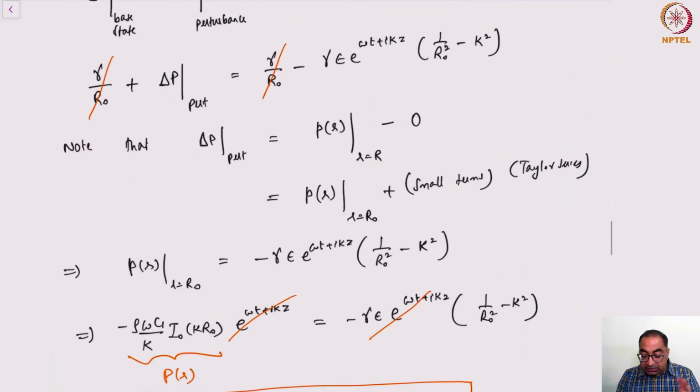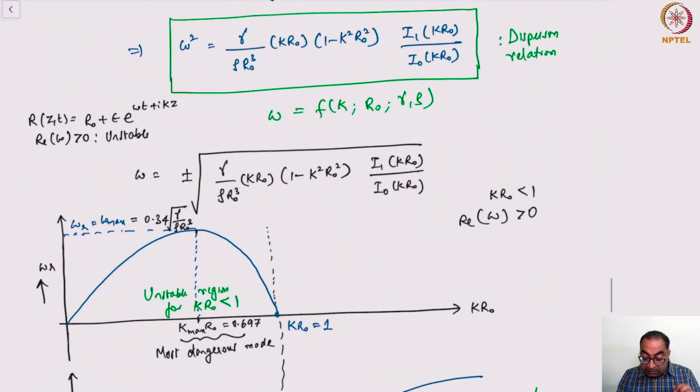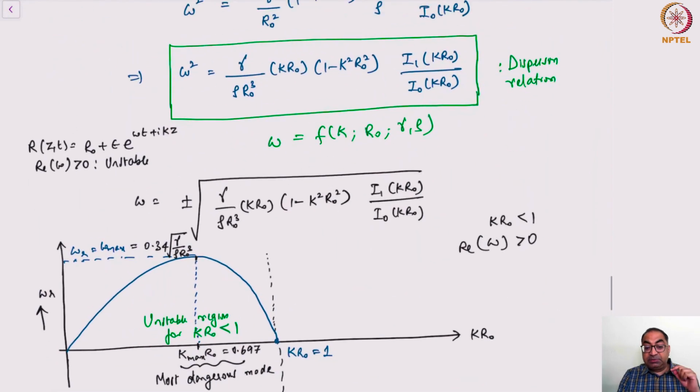In this particular case, the dispersion relation, which I've put in the box here, turns out to be a simple quadratic expression. So omega simply depends on the value of the term that I'm highlighting here.